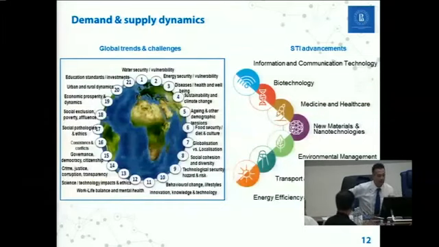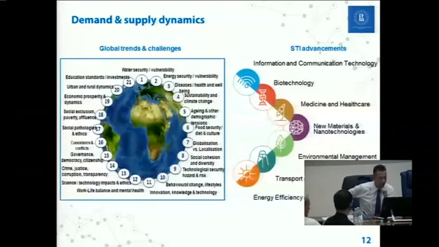And we have some instruments to address these challenges at the same time, like advancements in science, technology, and innovation. These are taken from the priorities of our Russia 2030 project, which are probably common for many countries in the world.